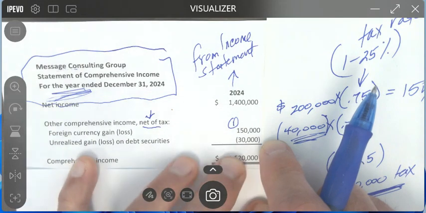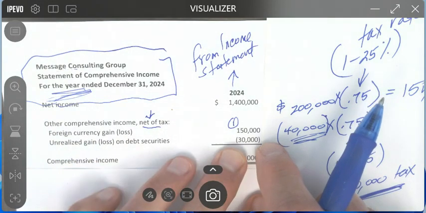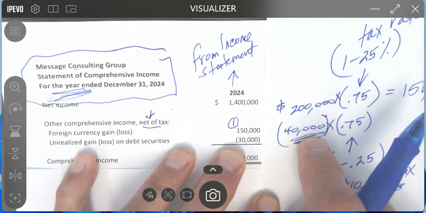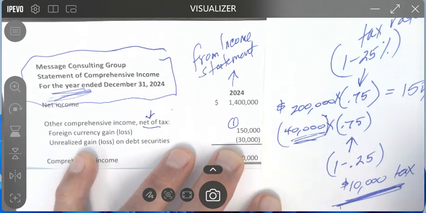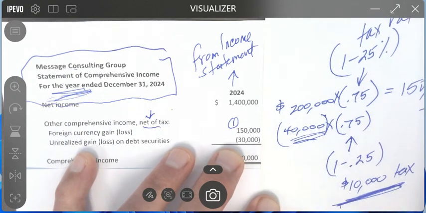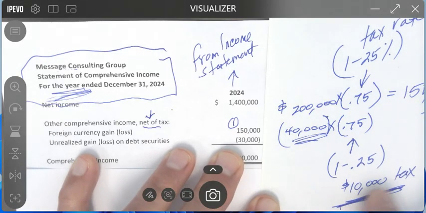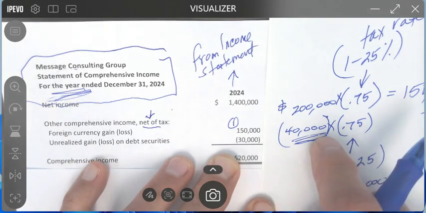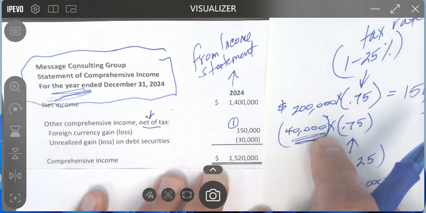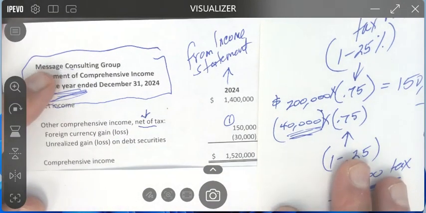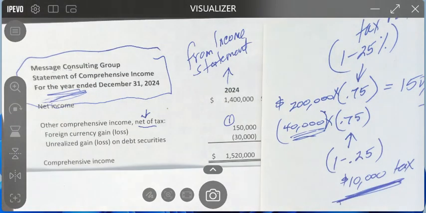That means that the debt securities held by the company fell in fair value by $40,000, and then net of tax, that was a loss of $30,000 of wealth, less the $10,000 of tax benefit associated with a $40,000 loss. Okay, and so comprehensive income is $1.52 million, and that's the statement of comprehensive income.